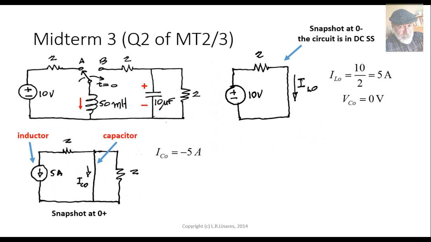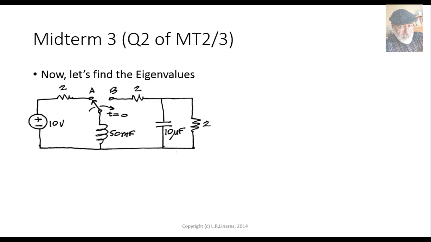With negative 5 amps, I divide that by the capacitance, 10 micro, and I get the voltage rate of change in the capacitor: 500,000 volts per second. Yes, at that instant in time, the voltage in the capacitor is 0 volts, but it's decreasing at a rate of 500,000 volts per second. Super. We're done with that.